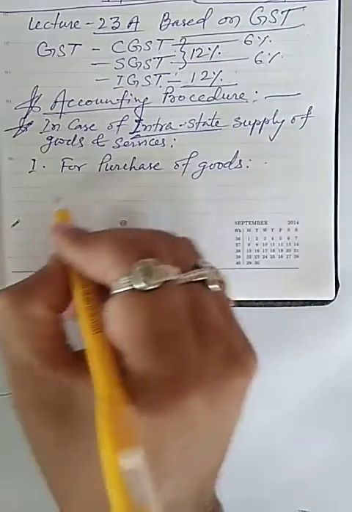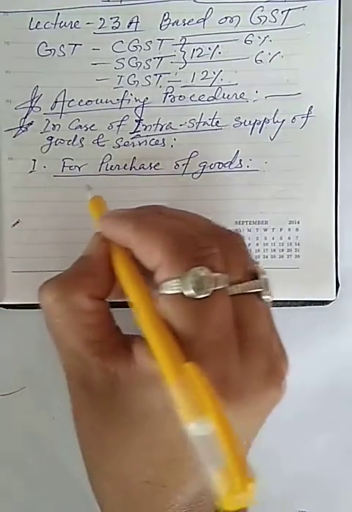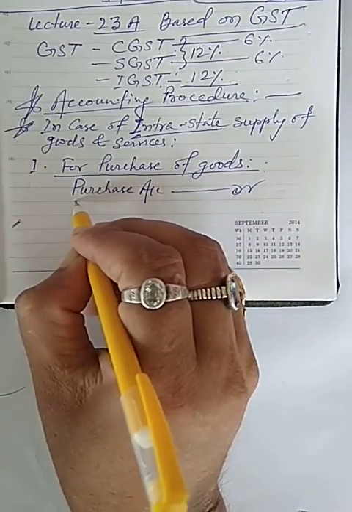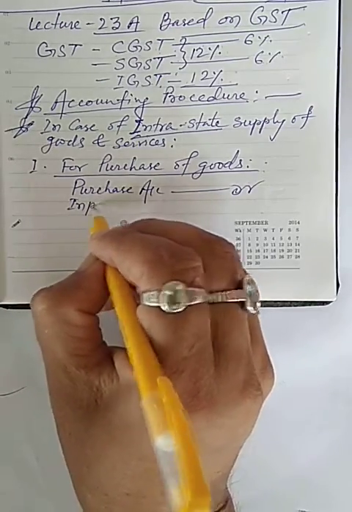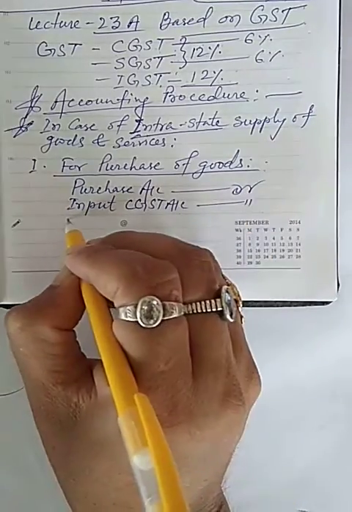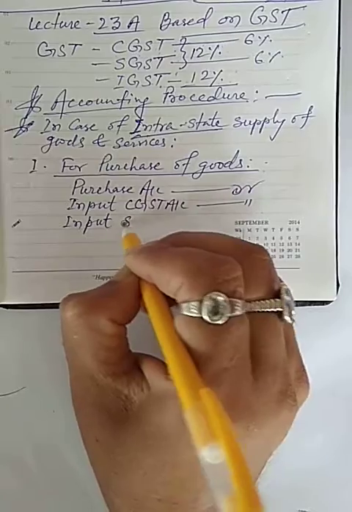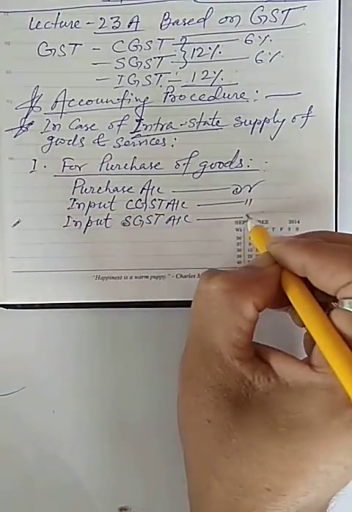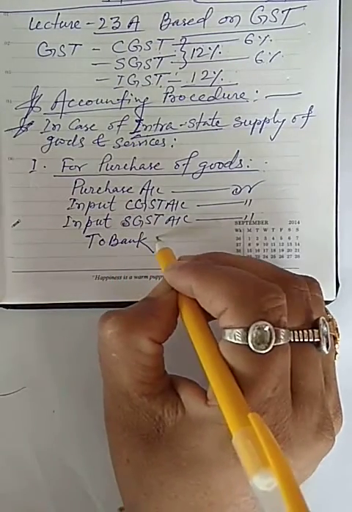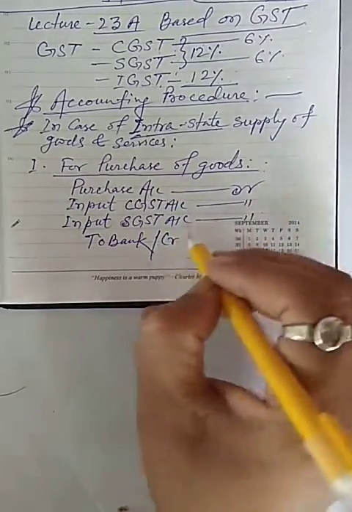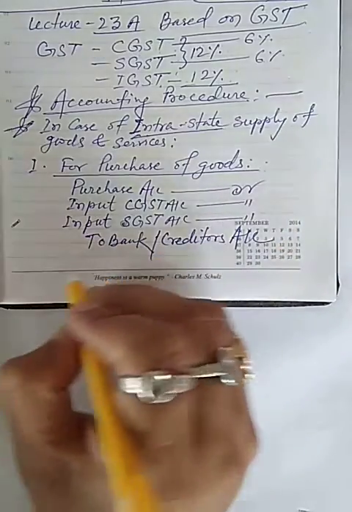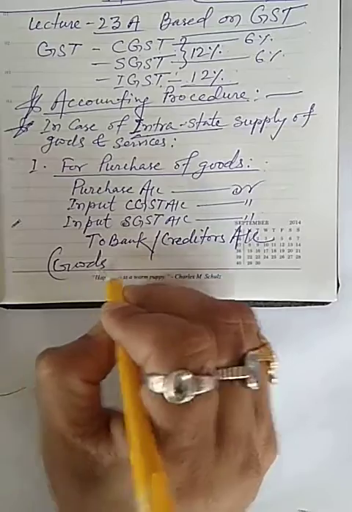Journal entry will be: Purchase account DR, input CGST account DR, input SGST account DR, to bank, or in case of credit, creditor's account. Being goods purchased.